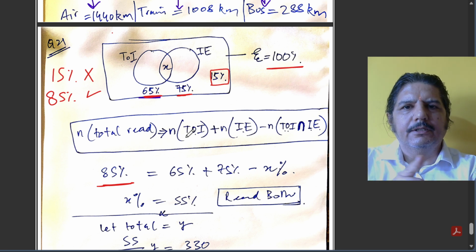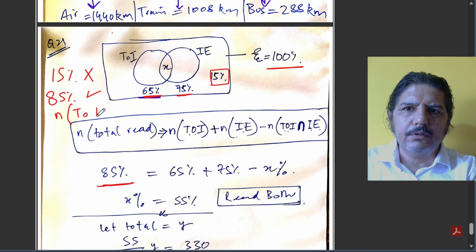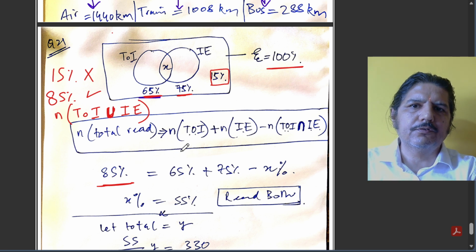So we have done this formula in Venn diagrams, that this union can be written as N union of Times of India and Indian Express. So this is a union. This union is 85%. So this is equal to Times of India readers plus Indian Express readers minus intersection of Times of India and Indian Express readers.